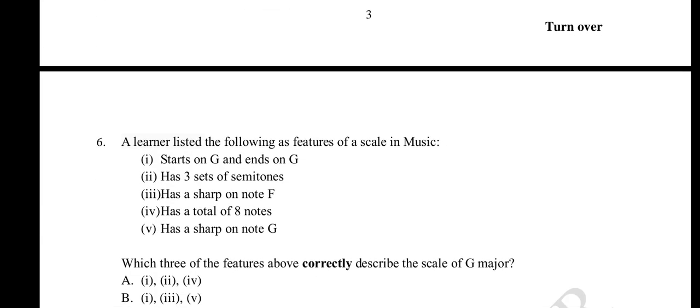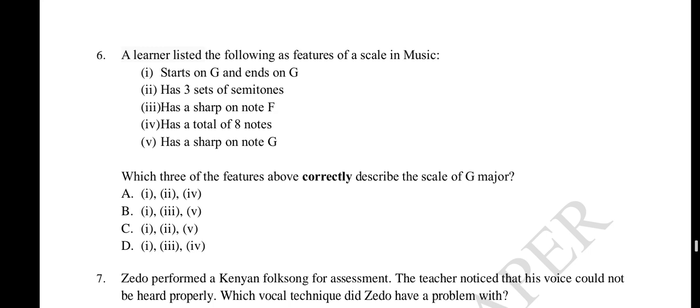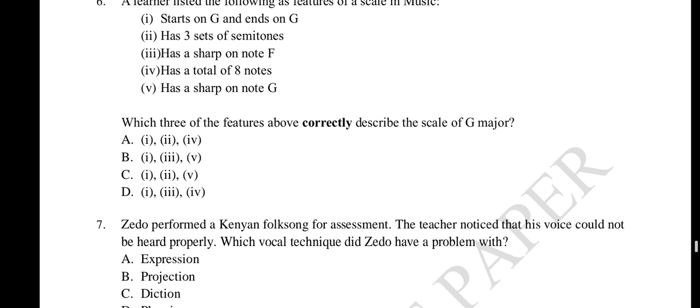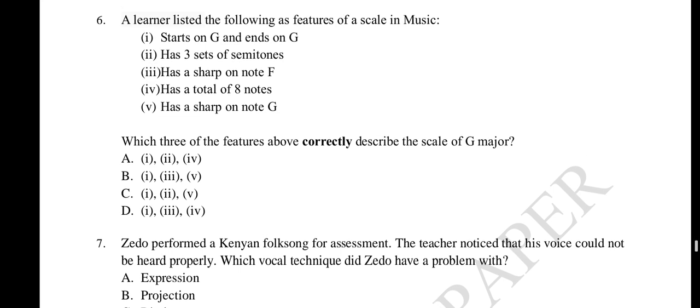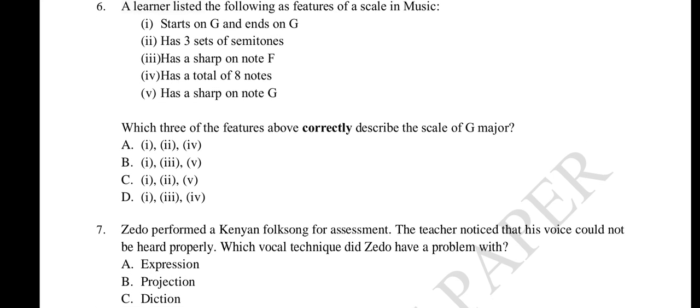A learner listed the following as features of a scale in music: starts with E and ends on G, has 3 sets of semitones, has a sharp on F, has a total of 8 notes, has a sharp on note G. Which 3 of the features above correctly describe the scale of G major? G major starts with G and ends with G. That is 1.